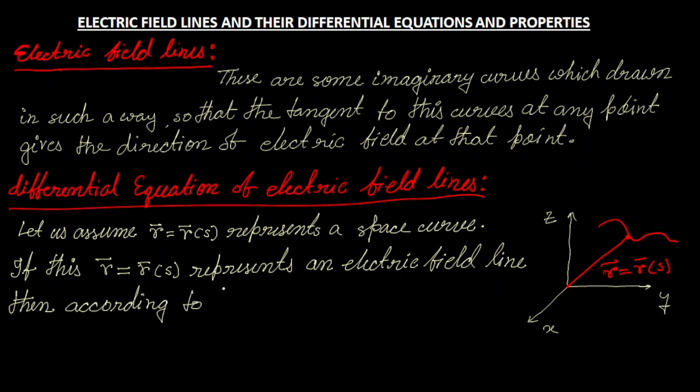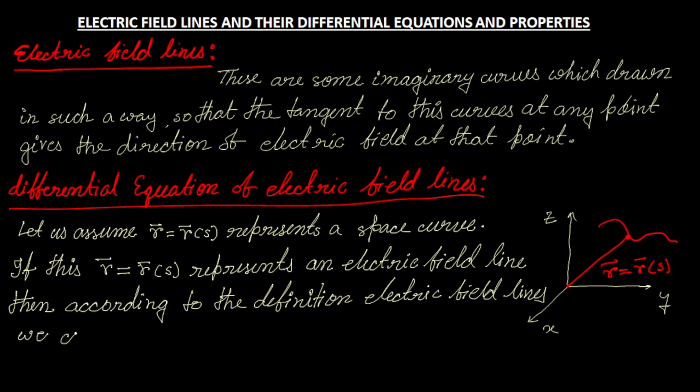then according to the definition of electric field lines, we can write dr by ds, which will give you the tangent of this curve at any point.